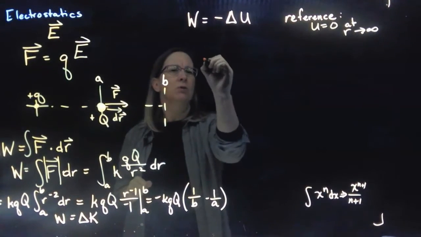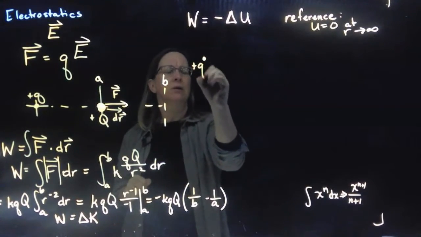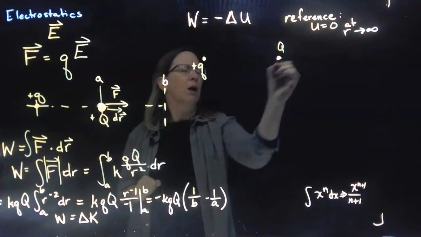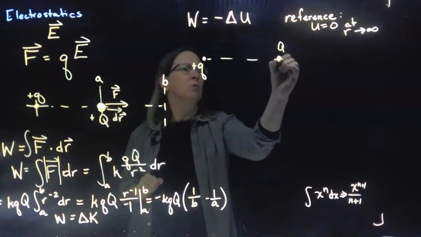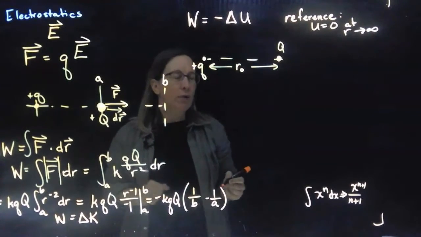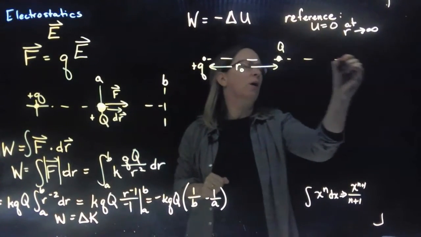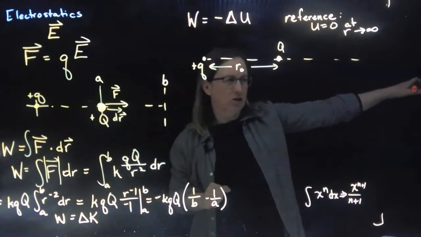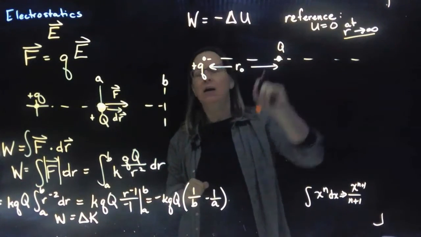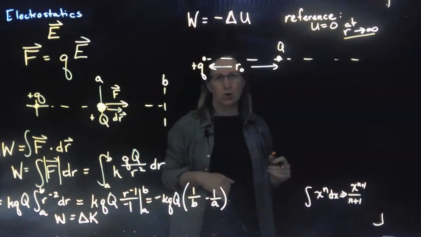So what we would do is set this up again. Here's our plus little q, and here's our capital Q. If we want to know the potential energy right at this point, at some distance r0 away, what we tend to do is say that if it started way off screen at r equals infinity and came in, that would tell us our potential energy.